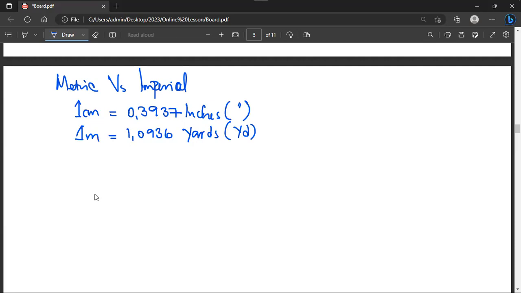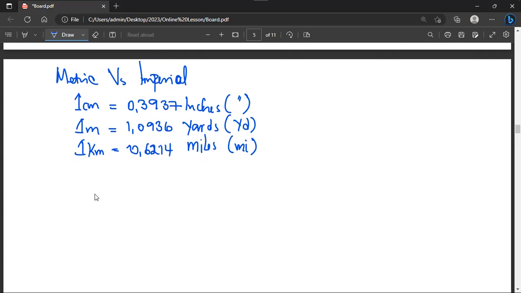Go to the third one, which is 1 kilometer is equivalent to 0,6214 miles. Shortcut for miles, it can be MI.